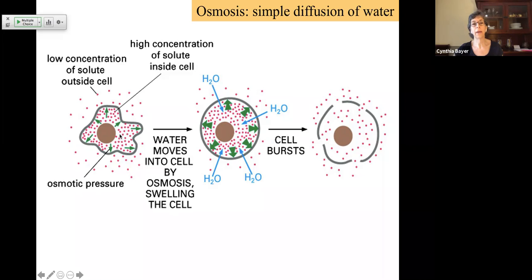So even though its cytoplasm is aqueous, everything's dissolved in water, there is relatively less water. In this example, we're looking at a cell that has a high concentration of solute inside the cell, and our little red dots are our solute, compared to if we put this cell in a solution that would be hypotonic, where we have a low concentration of solute outside the cell.